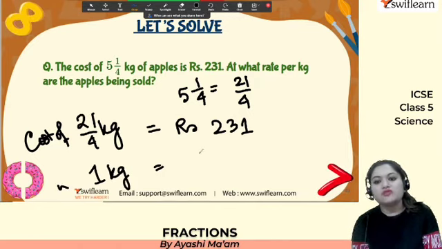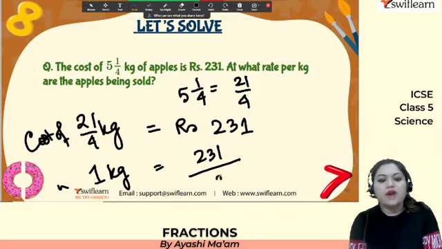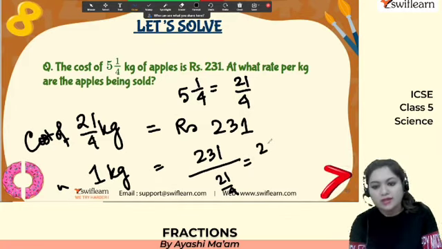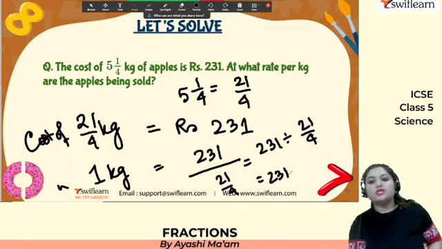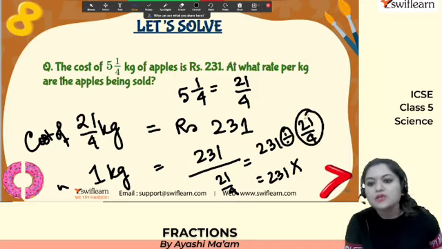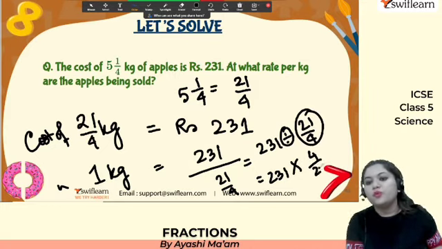Cost of 1 kg will be what? 231 divided by 21 by 4, right? So 231 will be as it is. Division sign will change into multiplication. Reciprocal of 21 by 4 will be 4 by 21.